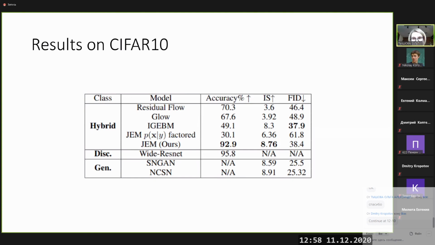And it is also able to reach an inception score close to the state-of-the-art generative networks. In the upper part of the table, there is a comparison with hybrid models that were trained before the joint energy-based model, and we can see that it mostly outperforms all of them.